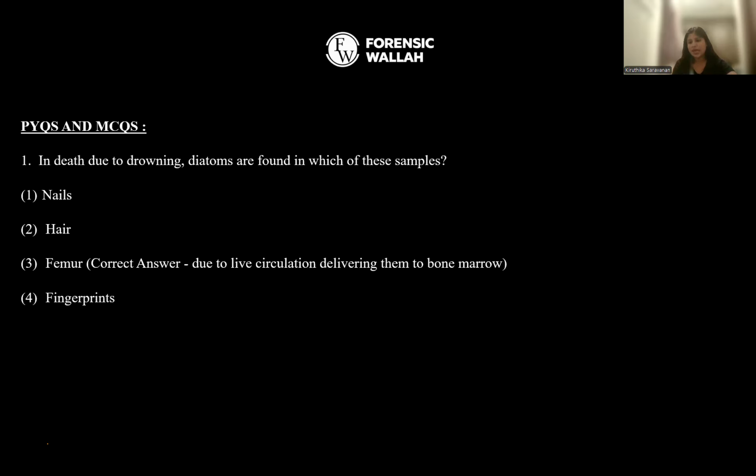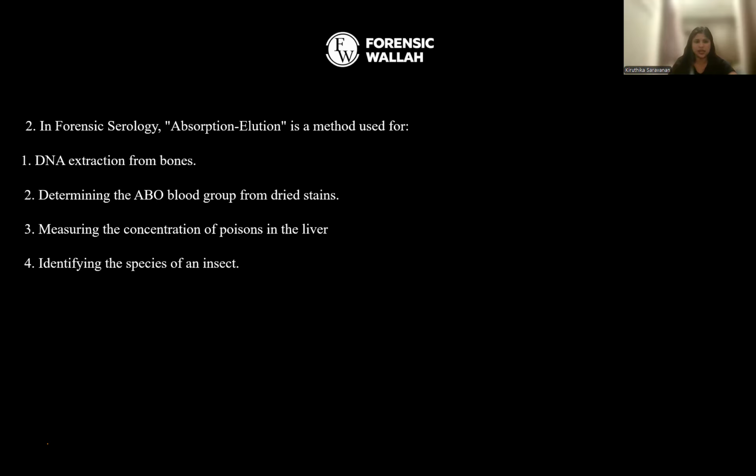They can thrive in any kind of environment. So diatoms are found in which of the following, especially in drowning cases, accidental or suicidal drowning? The diatoms accumulate in the femur. We know femur, right? Thigh bone, the longest bone of the body. There it accumulates, and then it gets delivered to the bone marrow, bloodstream, and so on.